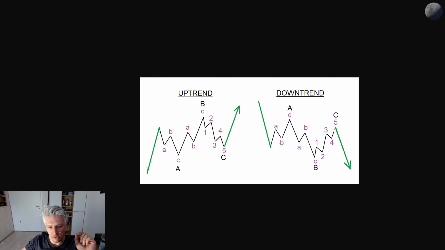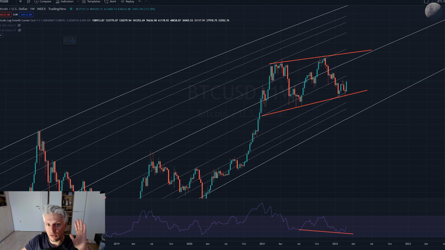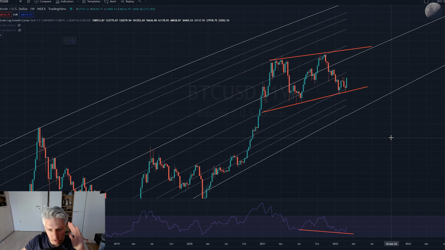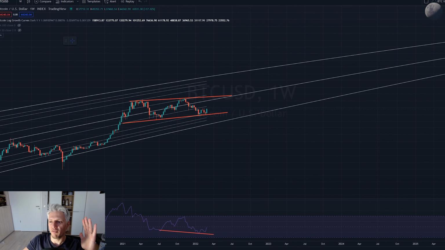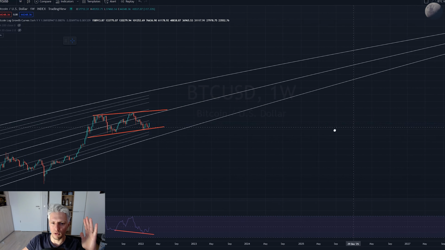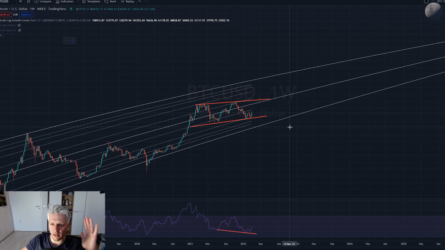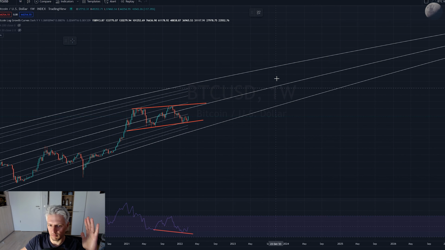And in this case, my personal bias right now is that we are in a running flat. And this is a personal bias. I could be wrong. Please always keep in mind that what I'm telling here are only probabilities and we could still end up doing something different. The only thing that I'm very sure about is that Bitcoin will be long-term following this trend channel here, and that at some point in the next years we will be certainly higher than we are now.